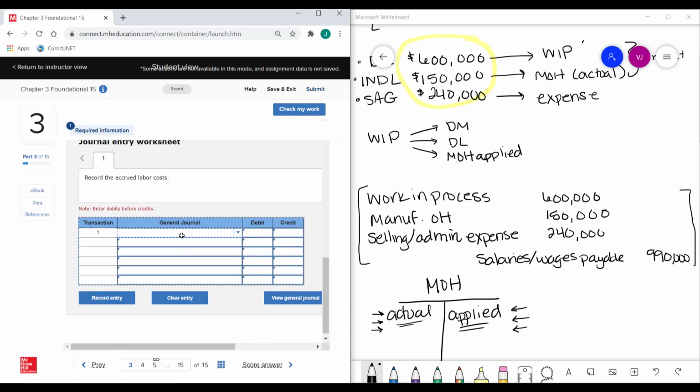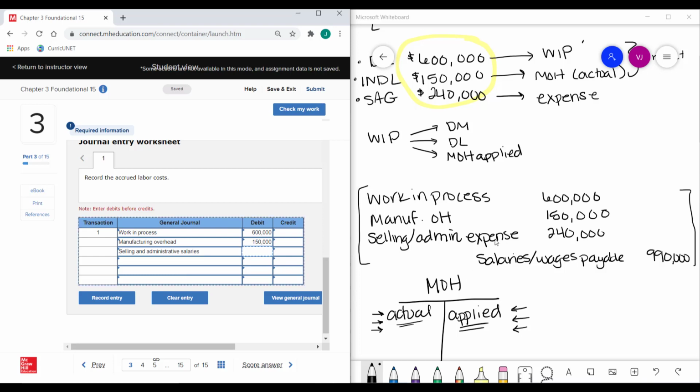All right, so let's copy this over. So we have work in process. That is for 600,000. We'll debit that account, and we'll debit manufacturing overhead for 150, and then we will debit salaries, selling and administrative. Here they call it just selling and administrative salaries, which is an expense account.